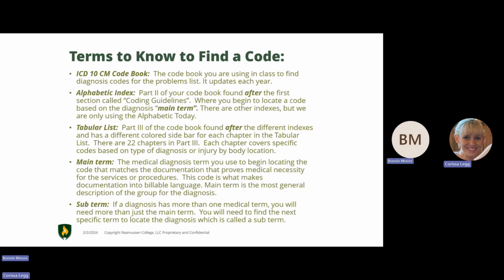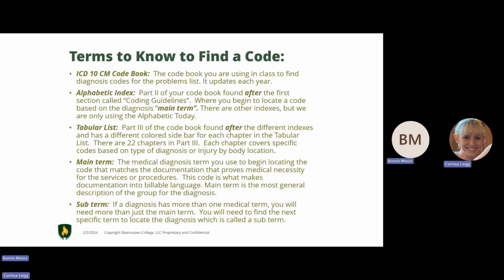So obviously the CM code book is what you have in front of you, or you're sharing with someone. Remember, we mentioned the alphabetic index. That's in part 2 of your code book, and you're going to have different looking code books, different years, and there's different distributors of code books.